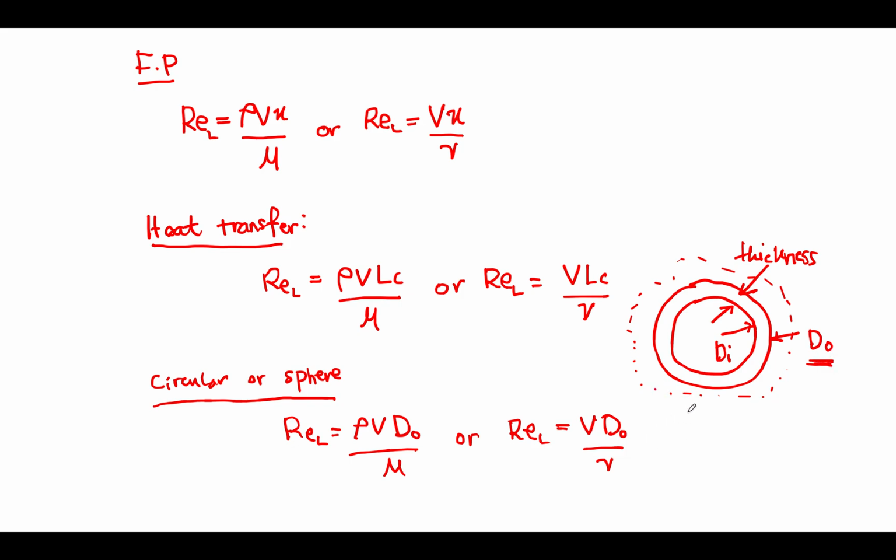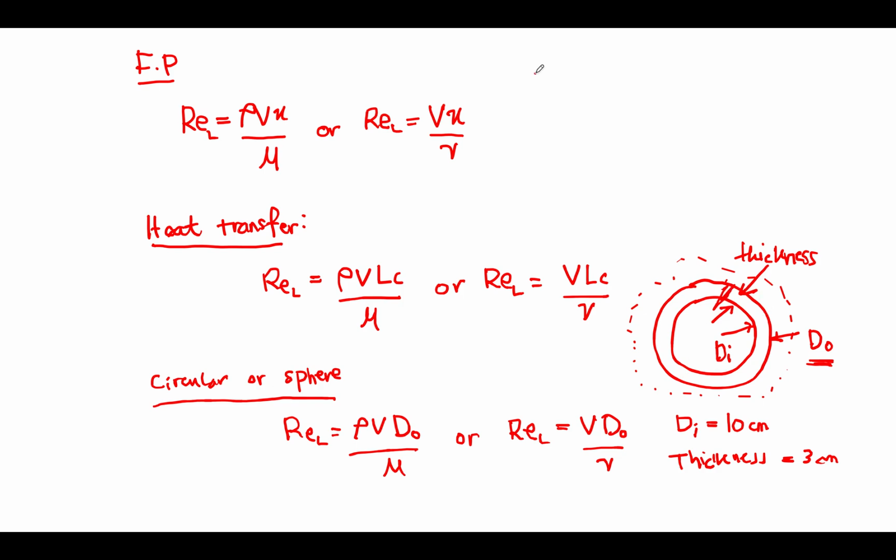For example, in the question they give the inside diameter as 10 centimeter, and the thickness of the cylinder maybe 3 centimeter. You have to remember that this 3 centimeter only represents the thickness. In order to determine the diameter outside, you have to multiply it by 2.